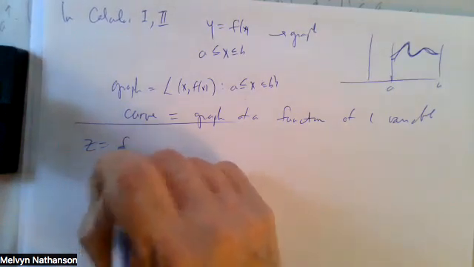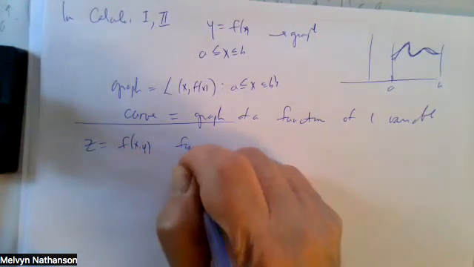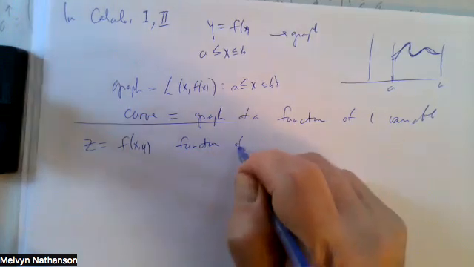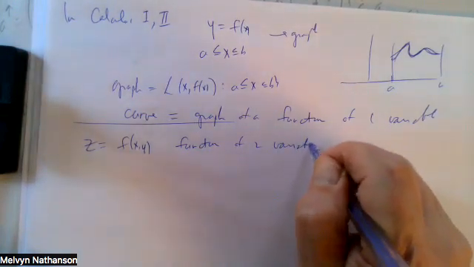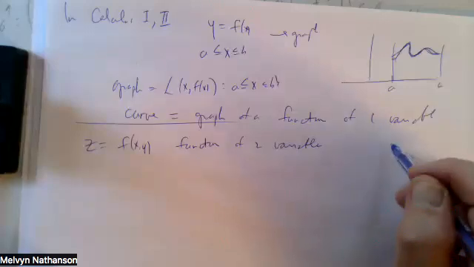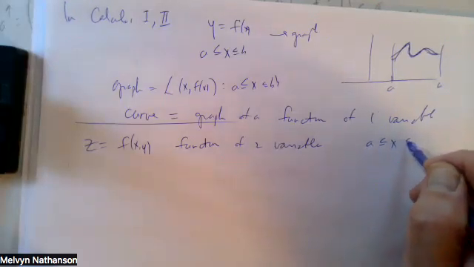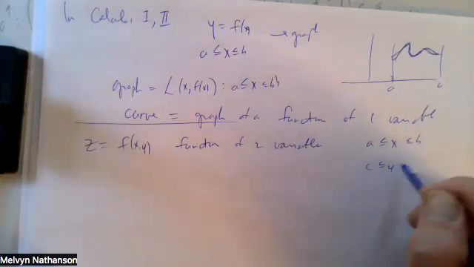Suppose I write z equals f of xy, a function of two variables. And suppose we want to look at this maybe for x between a and b and y between c and d.